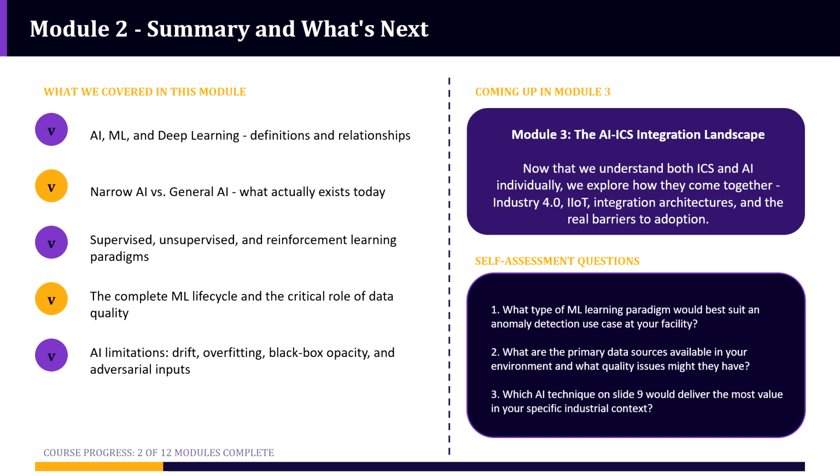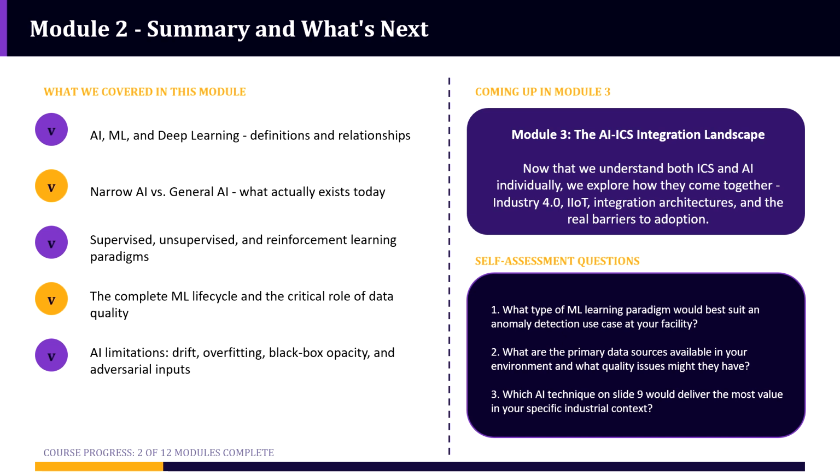We worked through the 3 machine learning paradigms. Supervised learning for labeled problems like fault classification and RUL prediction. Unsupervised learning for unlabeled problems like anomaly detection. And reinforcement learning, which is promising but not yet mature for live industrial control system deployment.